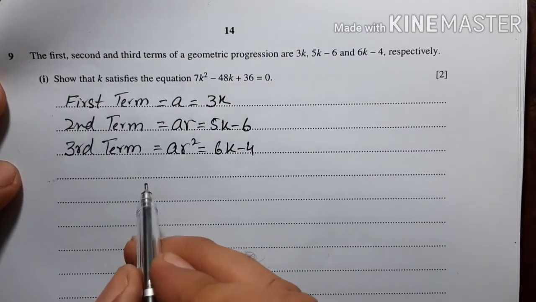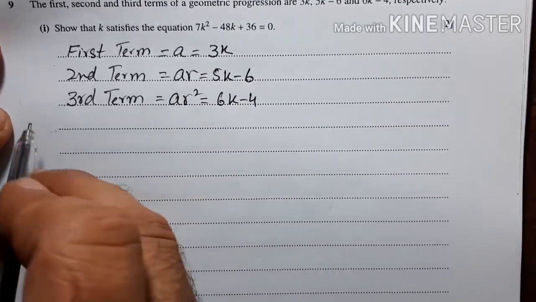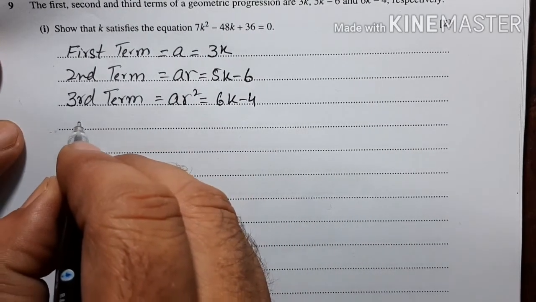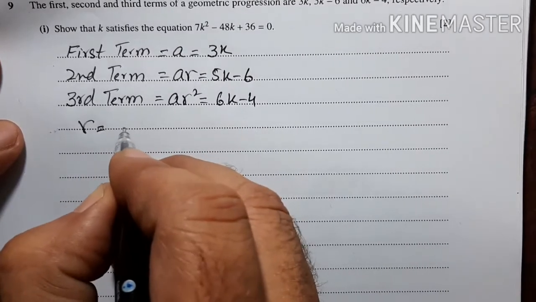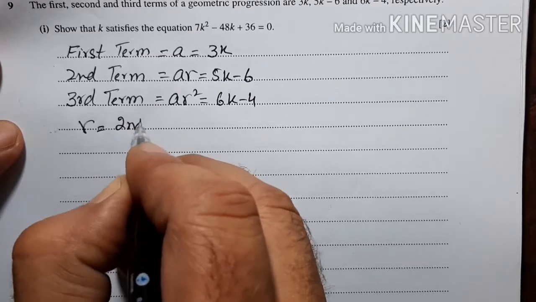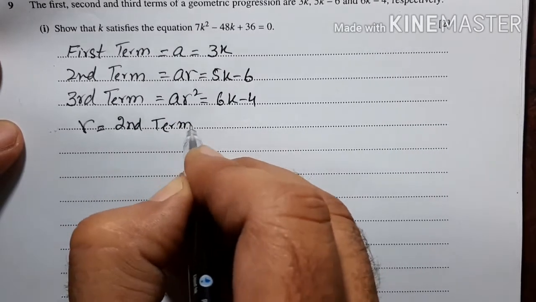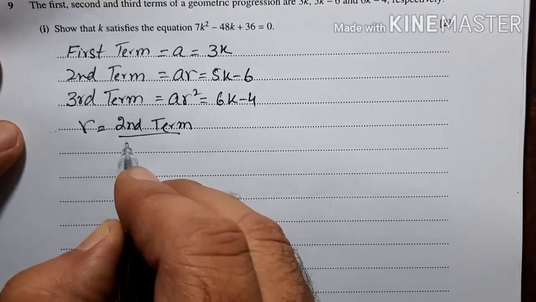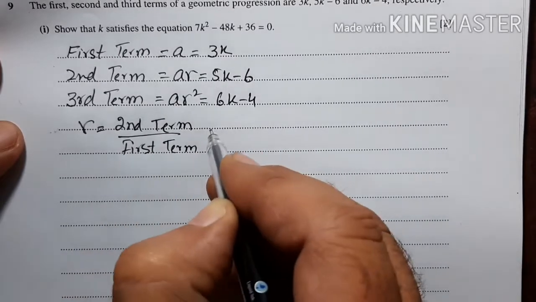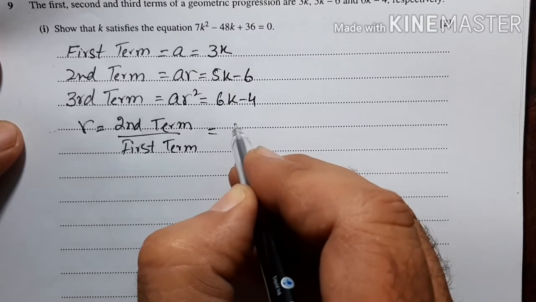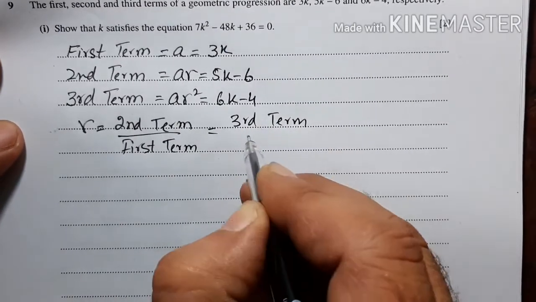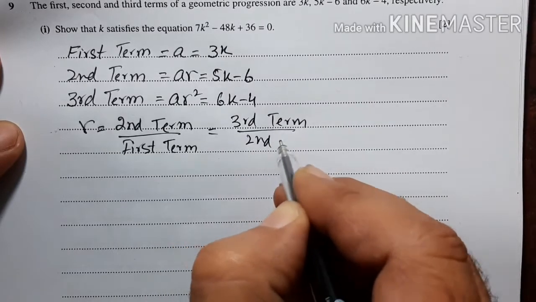Now, as we know, the common ratio R is actually the second term over the first term, or the third term over the second term.